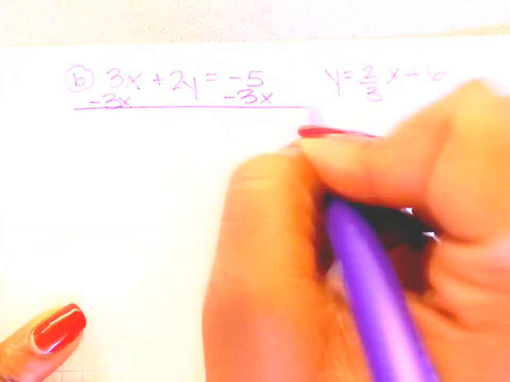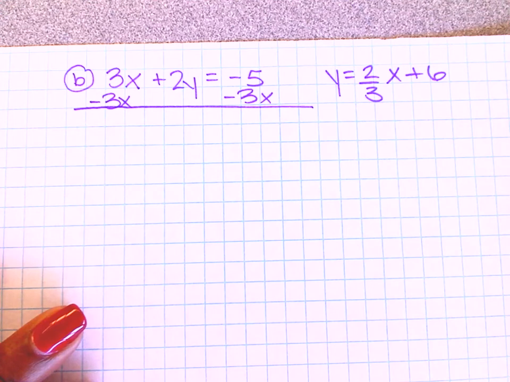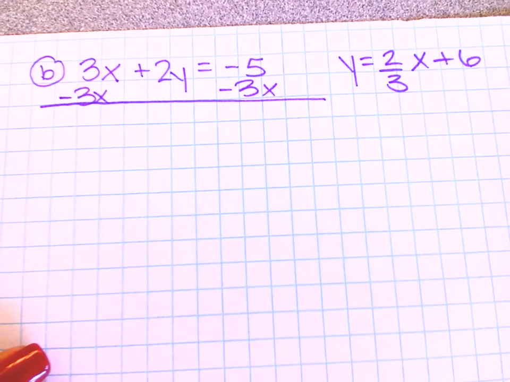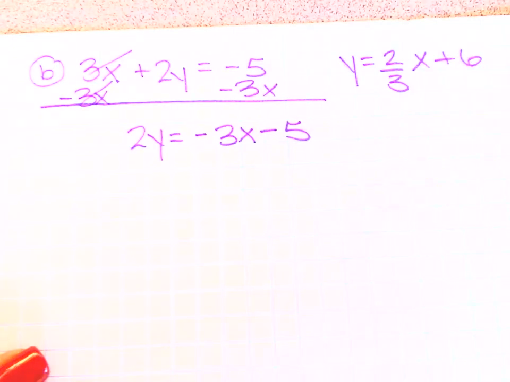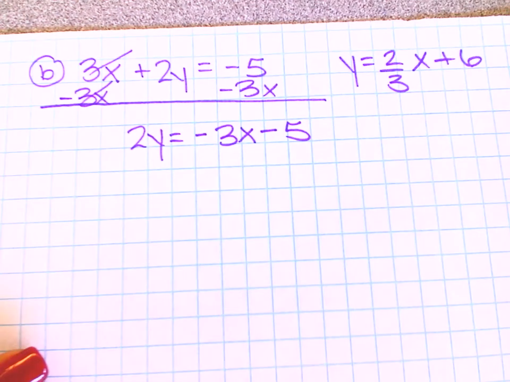To do that, I'm going to subtract 3x from both sides. My 3x and my negative 3x cancel. I'm left with 2y equals negative 3x minus 5. Keep that negative sign attached.